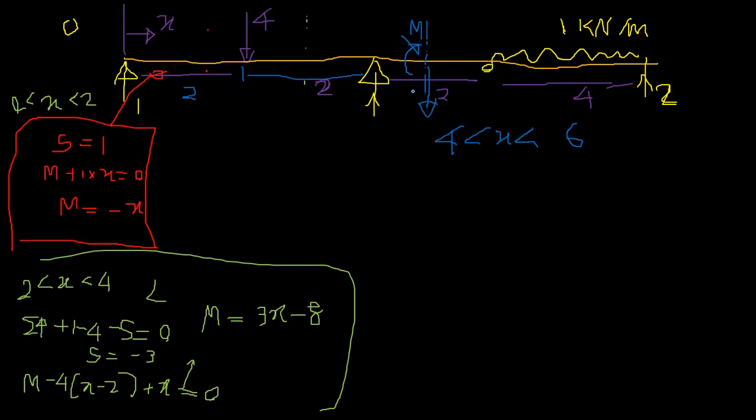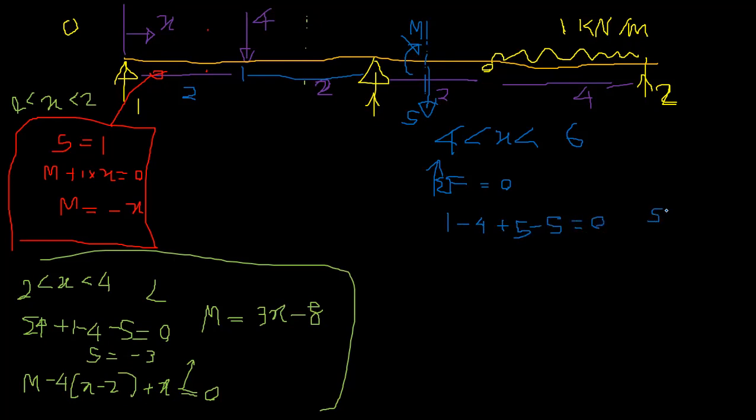So you can write, M here, left up, right down, right? The right end of that part is here. So here it is like this. So you can write vertical summation of forces is 0, right? So 1 minus 4 plus 5 minus S equals 0.